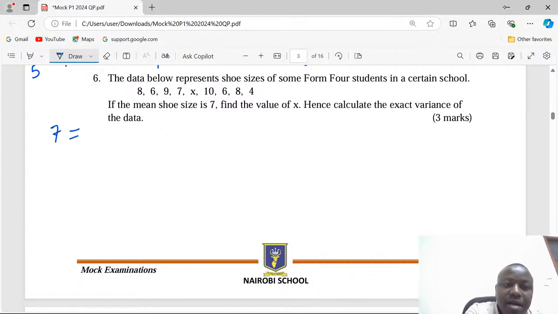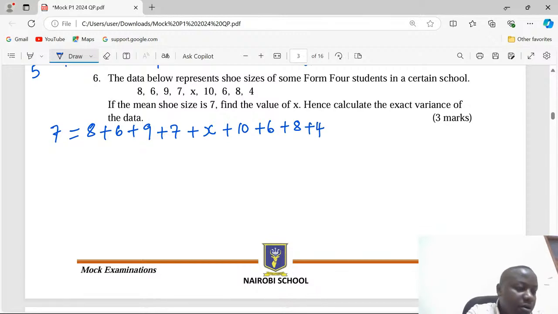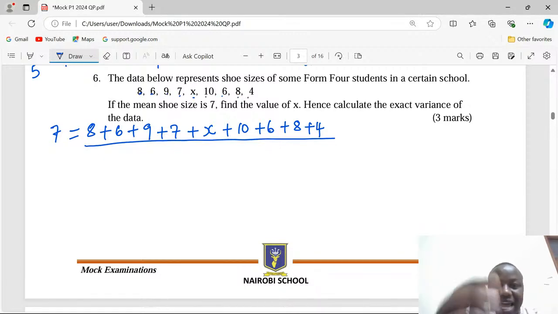The mean of 7 is given by when we take 8 plus 6 plus 9 plus 7 plus the unknown x plus 10 plus 6 plus 8 plus 4. Then all these are divided by the number of students: 1, 2, 3, 4, 5, 6, 7, 8, 9.